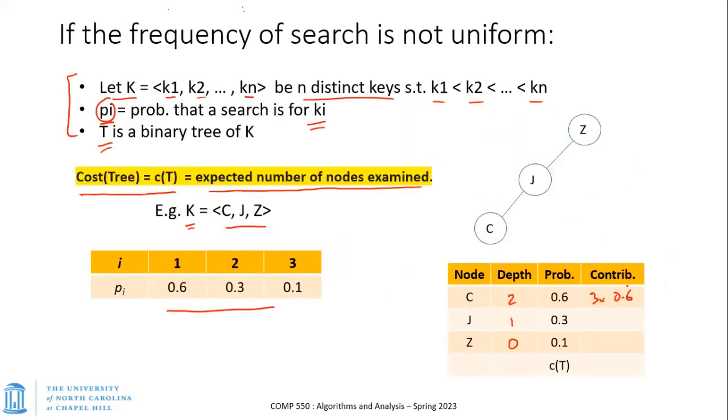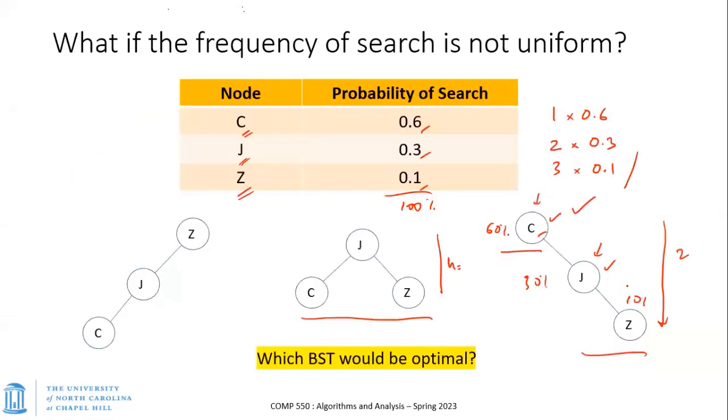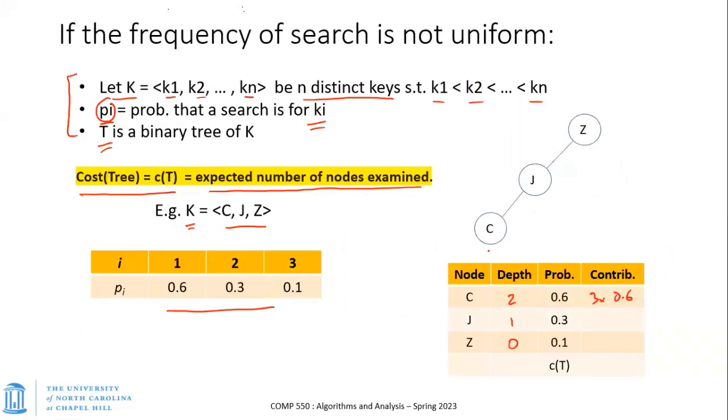So this is the first case that I'm looking at now, where you have a different scenario. C requires 1, 2, and 3 nodes to be examined, which is basically the depth plus 1. So 3 times 0.6. J is at a depth of 1, and so the number of comparisons is depth plus 1, which is 2. 2 times 0.3.